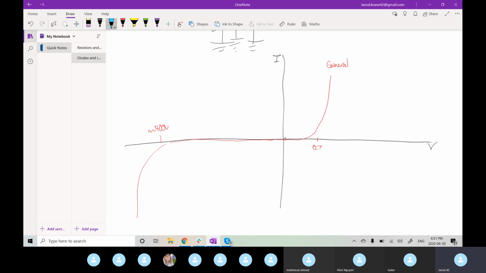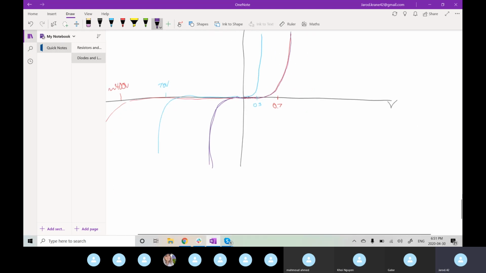And then if we were to look at the Schottky, it happens a little bit sooner at 0.3 and will die off a little bit faster. The Zener, typically same curve as general, but then has a much lower breakdown, and predictable.